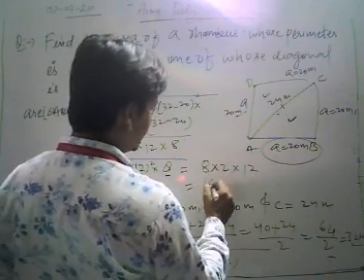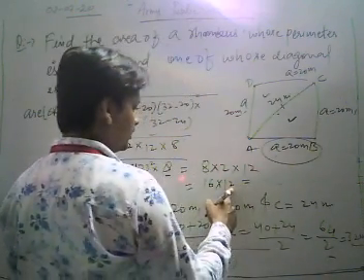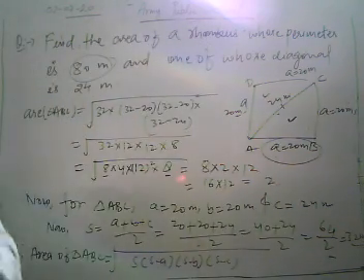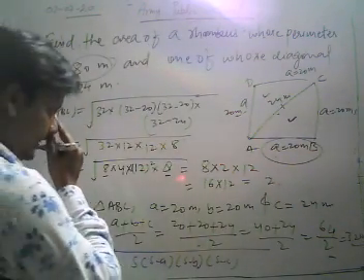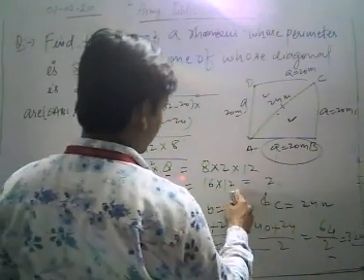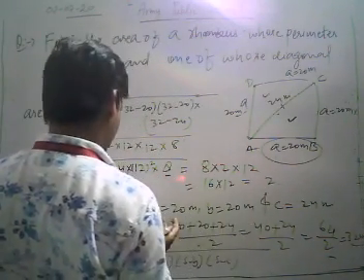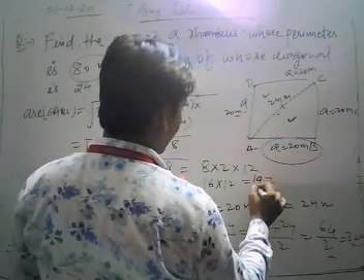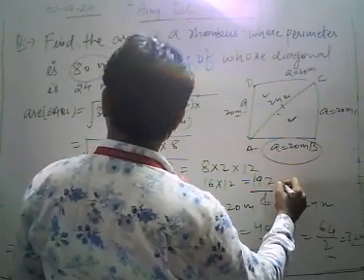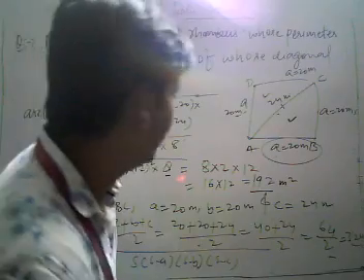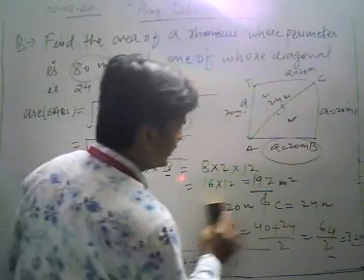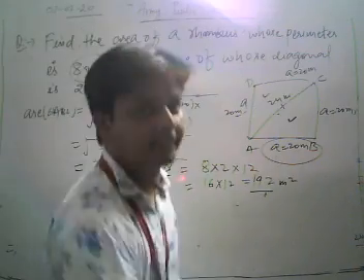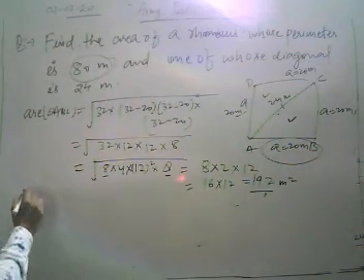Then 8 into 2 is 16, into 12, that is 192 meter square. This is the area of triangle ABC. Okay, 192 meter square.